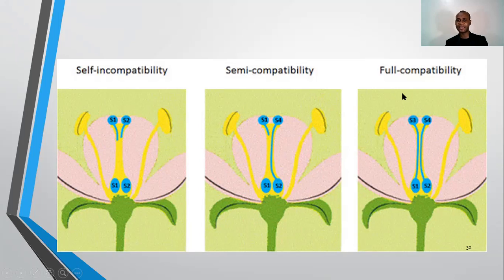And then in this case, if all the sperms travel down to fertilize the egg, then we say it is fully compatible. So these are the differences. And most cacaos are like this, self-incompatible. Okay, they are like this one.